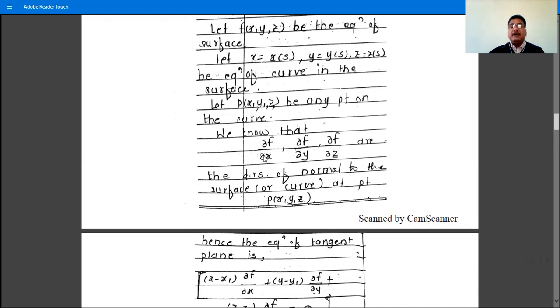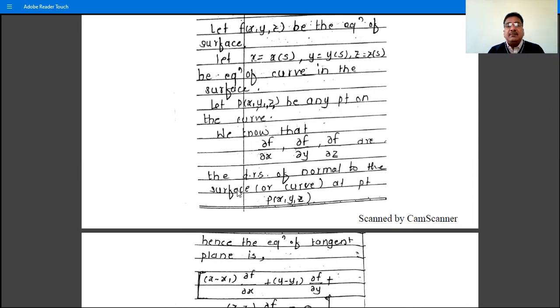So this is the geometrical meaning of grad phi. Grad f, or del f, is the normal to the surface, and its coefficients are ∂f/∂x i, ∂f/∂y j, ∂f/∂z k. These are the direction ratios of the normal to the surface. This is the geometrical meaning of the gradient of the function.